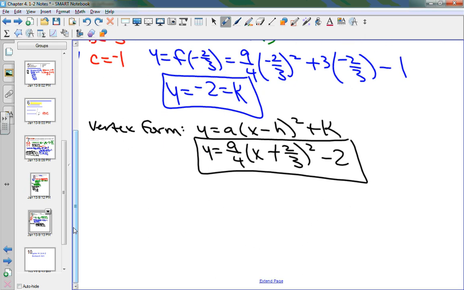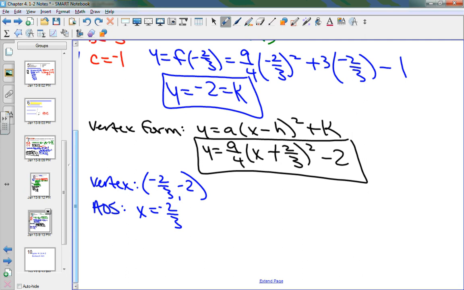So from there, what do I get? My vertex is negative 2/3, negative 2. The axis of symmetry is x equals negative 2/3. Good. And then is it a max or a min?